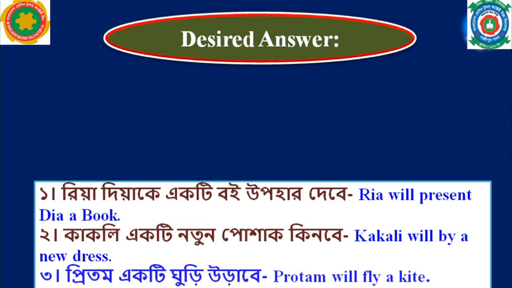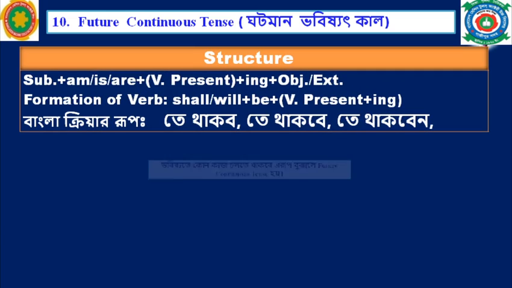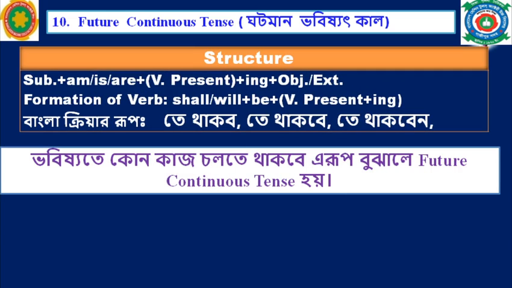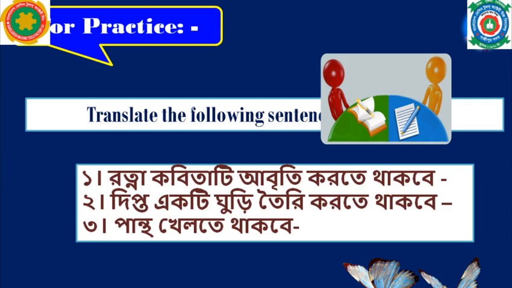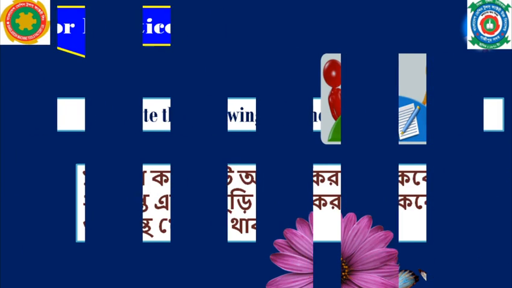So here is your answer. Future continuous tense. For your better understanding, you can see all the concept is same, but time is different. Concept is same for each category of tense, right?